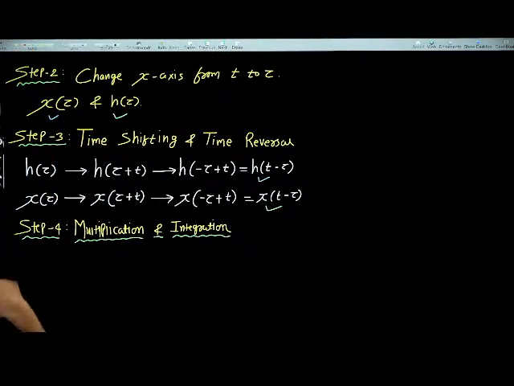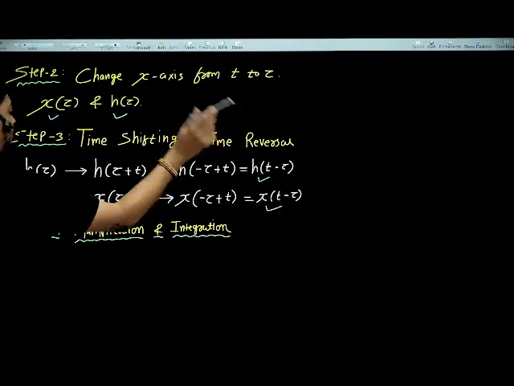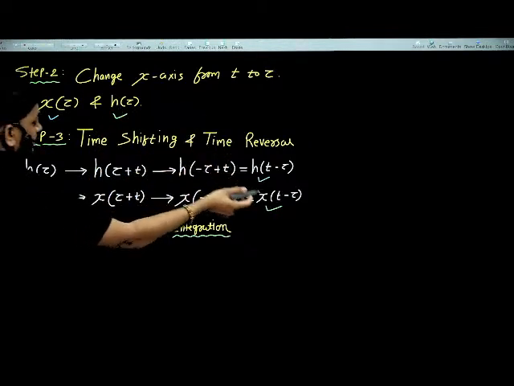Multiplication means x of tau into h of t minus tau, then integration, or h of tau into x of t minus tau.